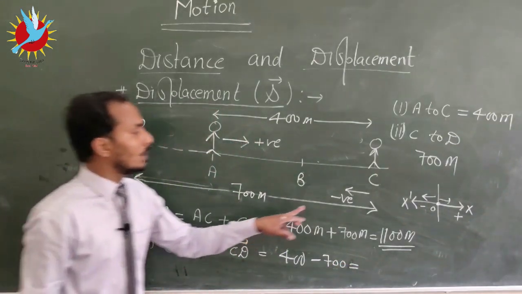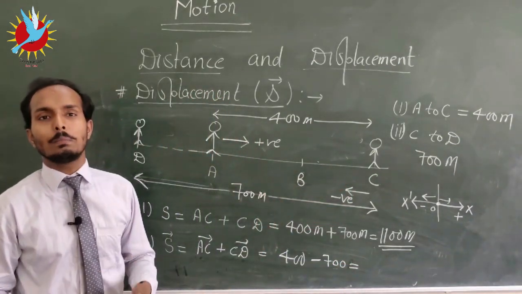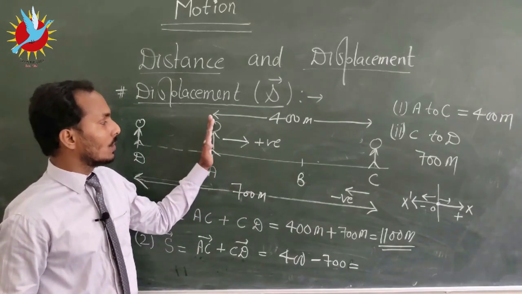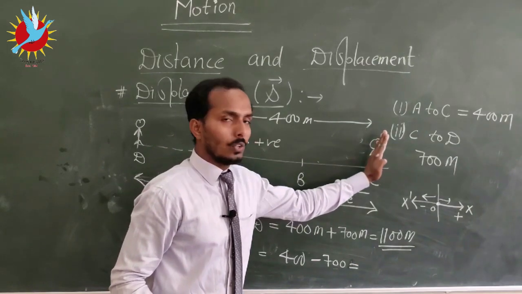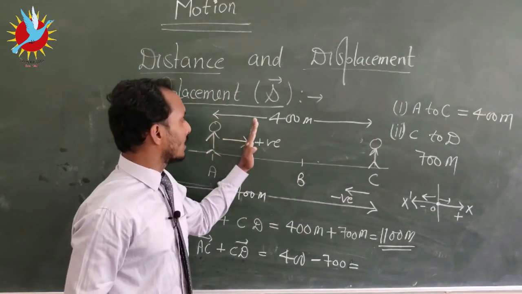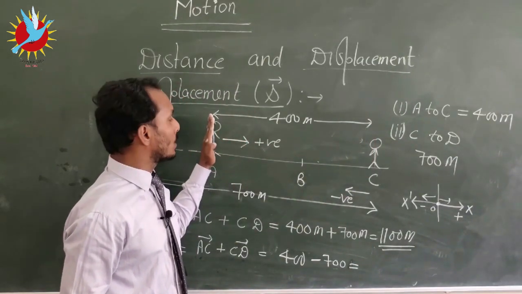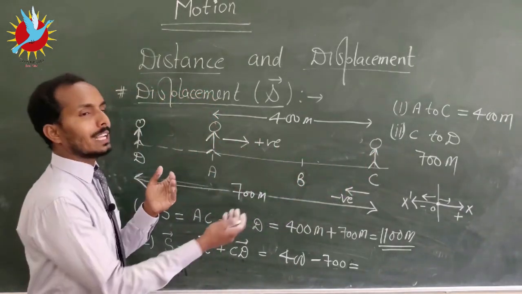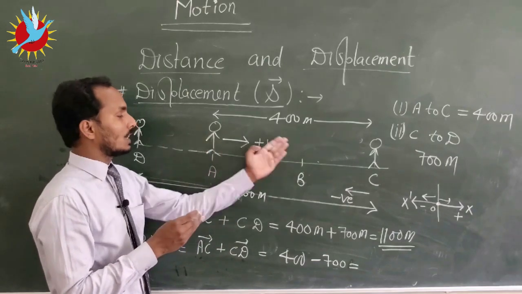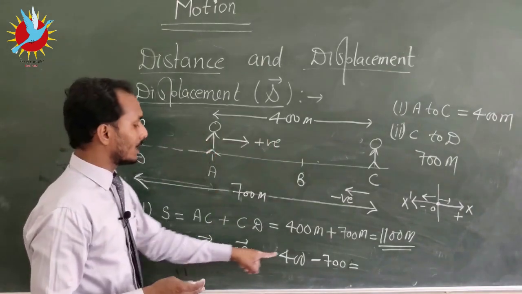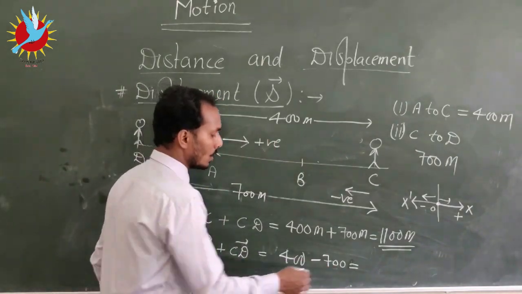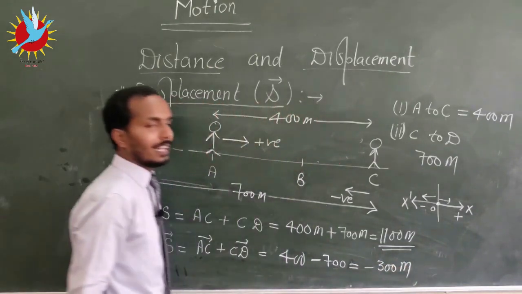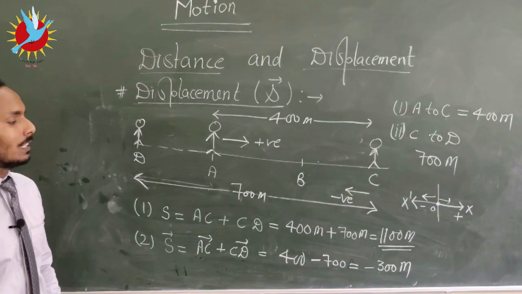Why? Because it is a vector quantity and it depends upon direction. When the body is moving towards the right side, it is positive, and because CD is exactly opposite, its direction is opposite, so it is considered negative. So its value is minus 300 meter.